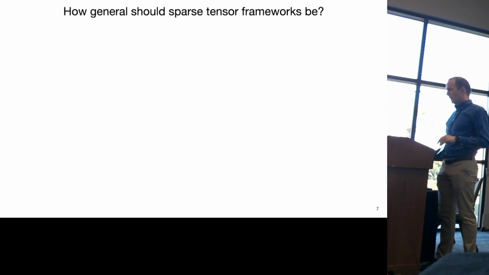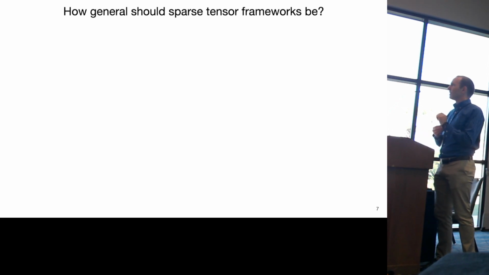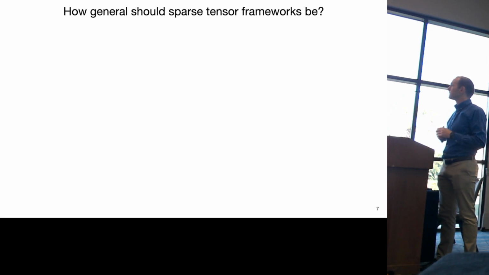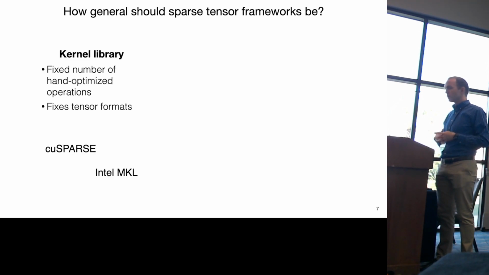Okay, so given that we accept that we should have something like a sparse PyTorch or some design with sparse tensor algebra instead of graph neural networks, then how general should they be? So we could implement kernel libraries where we build something like sparse PyTorch or sparse TensorFlow on top of hand-implemented library routines.